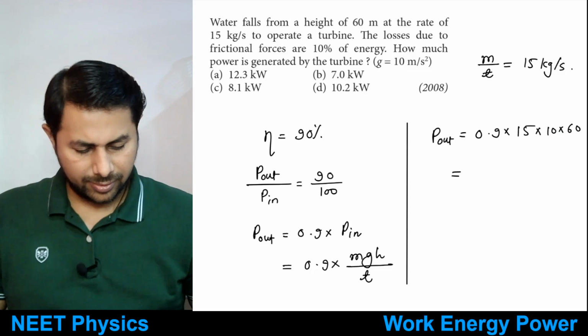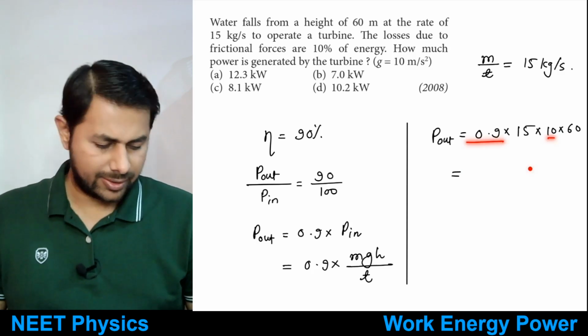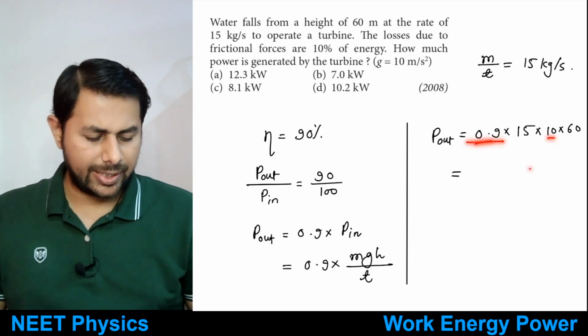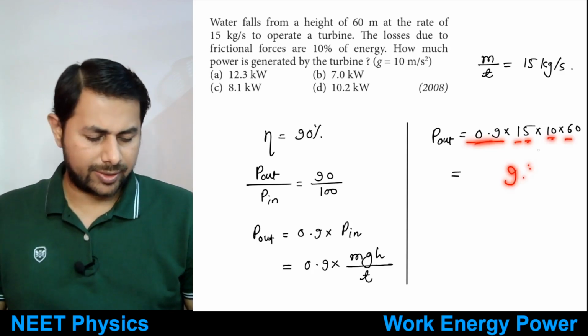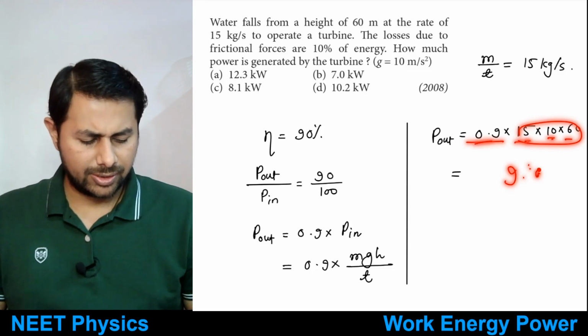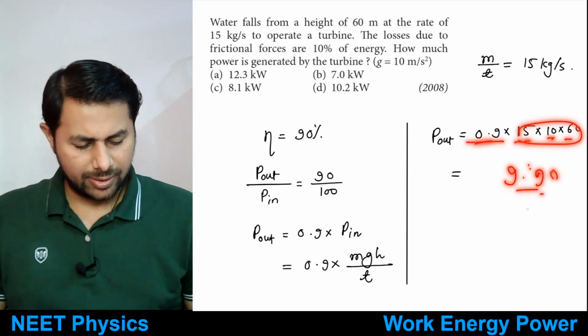So that is 0.9 multiplied by 10, which is 9. Then you have 15 times 6, how much? 90 times 9.